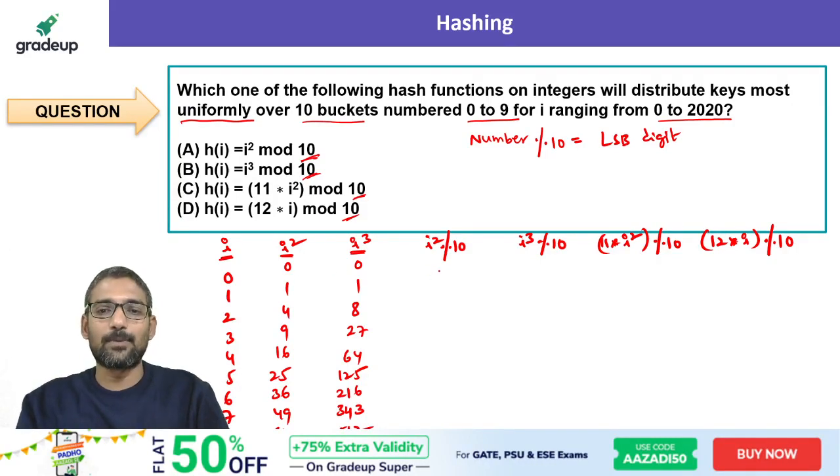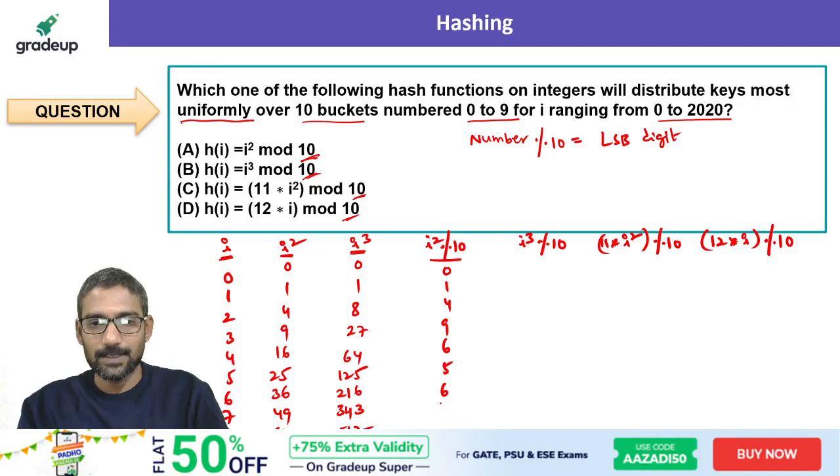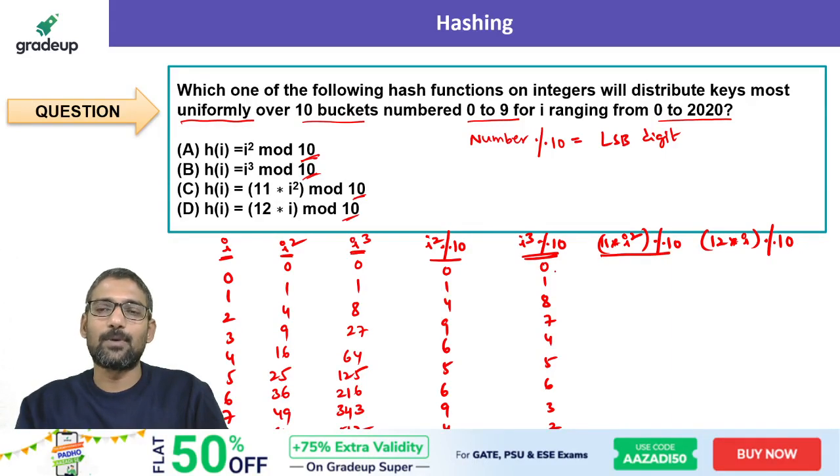Now i square mod 10. What would be the mod 10? LSB digits. So this would be 0, 1, 4, 9, 6, 5, 6, 9, 4, 1. i cube mod 10: 0, 1, 8, 7, 4, 5, 6, 3, 2, 9.